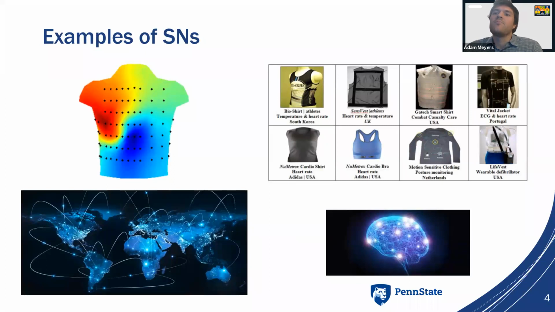The body sensor network can collect physiological measurements of the body. For example, in the top left, that's collecting electrical potentials of the heart. You're placing electrodes on the body, and it's collecting that information. On the right-hand side are the actual wearable body sensor networks.